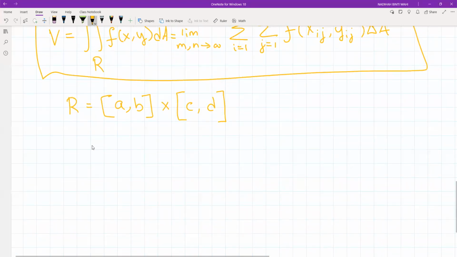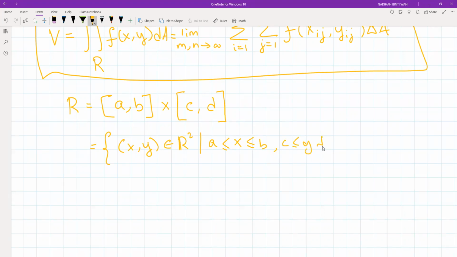So this is the definition for coordinate X and Y in R2 real number, where X goes from A to B, and then Y goes from C to D. Kalau tengok dia adalah, in this case dia adalah inclusive.